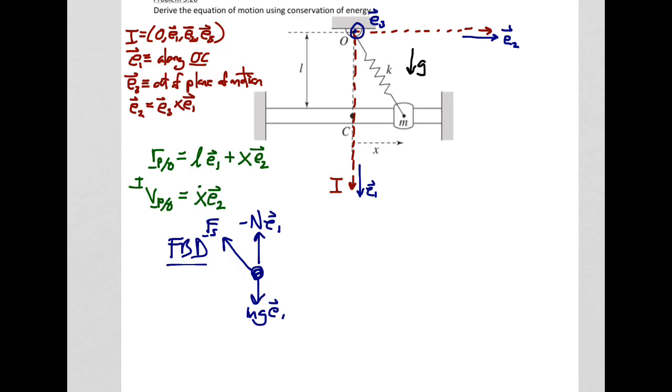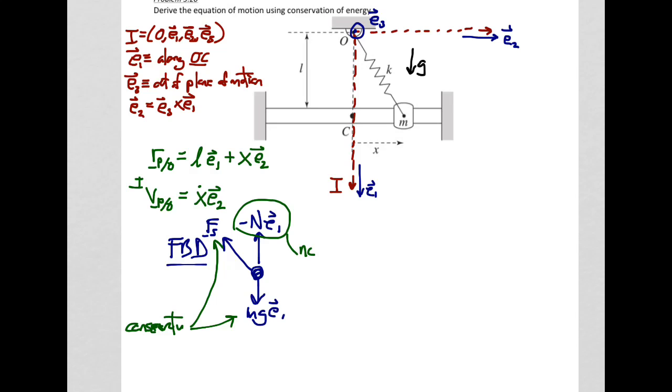We've established that gravity is conservative, and spring forces are also conservative. So these are conservative, and the only non-conservative force that we have is N.